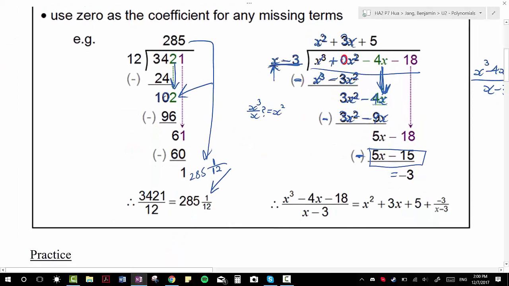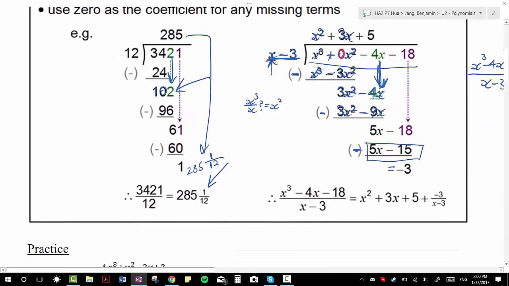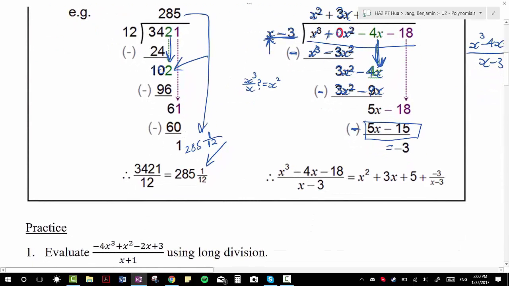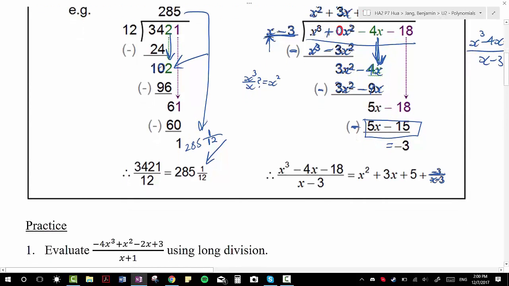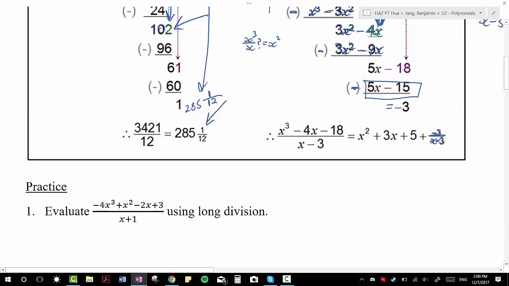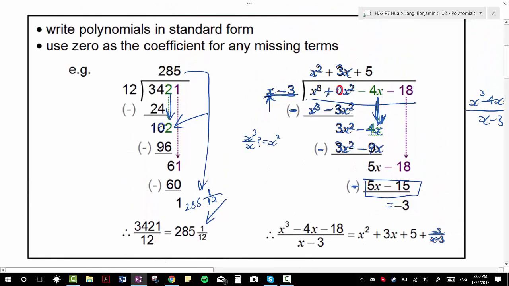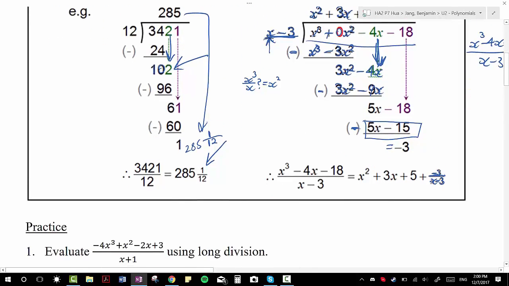Just like that, for the polynomials, you can write negative 3 there, and the divisor under the remainder. This is one way to solve polynomial division.